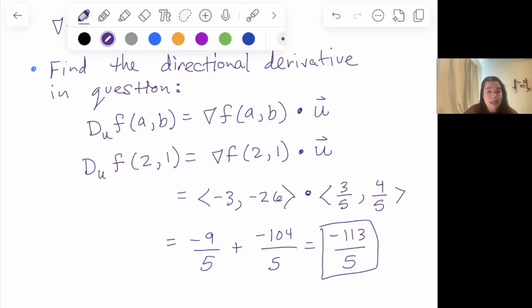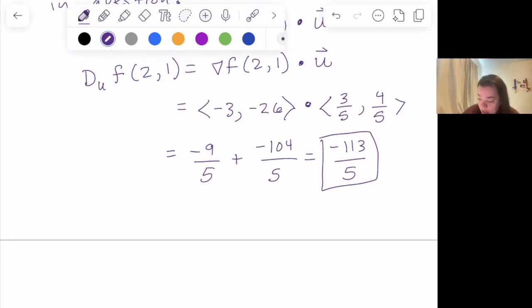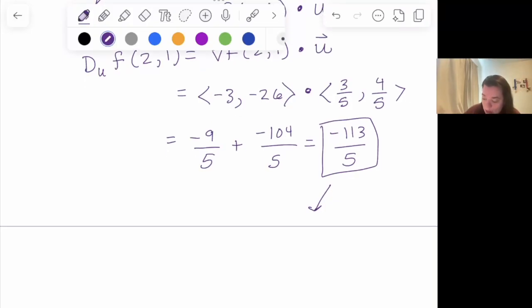Let's take a moment now. We have our final answer, so that is what's asked of us. But let's take a moment now to interpret this, just to make sure we understand exactly what it is we found. So let's go back to our mountain analogy. What is the meaning of what we found?